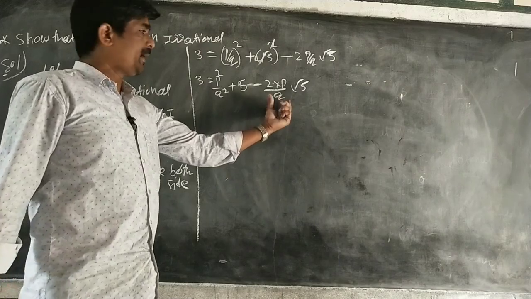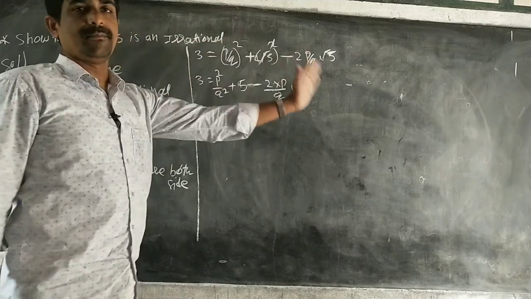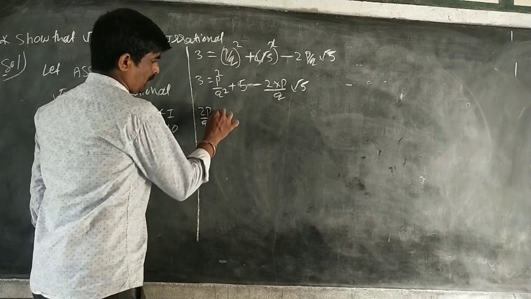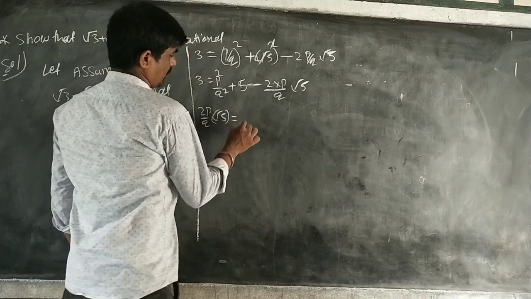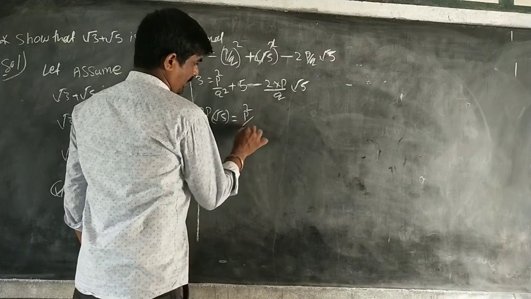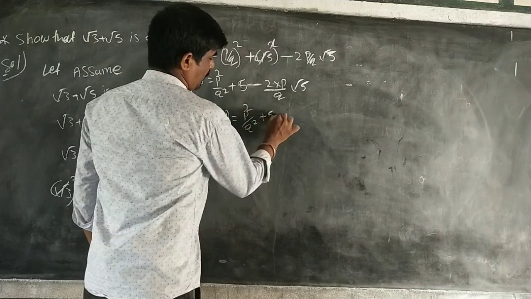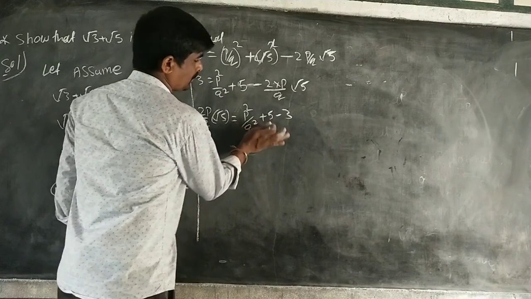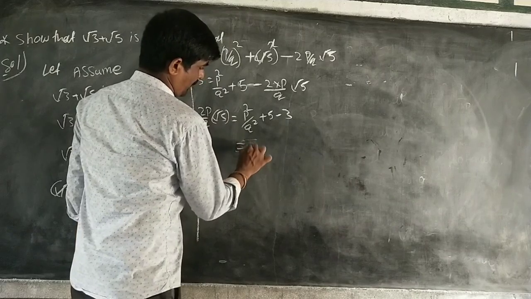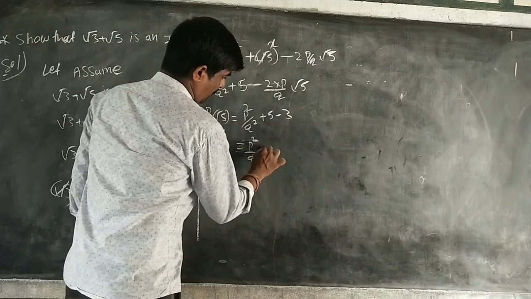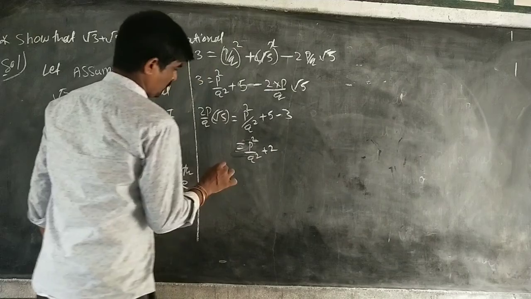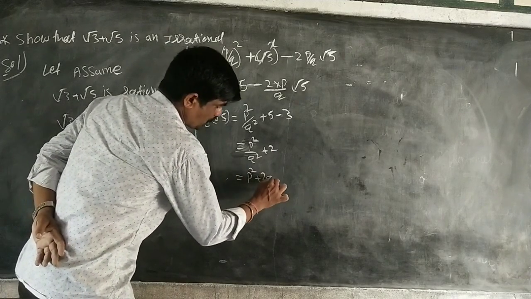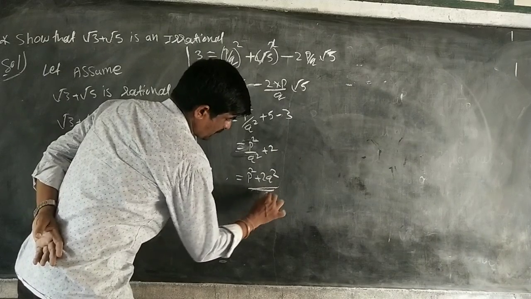Now bring 2p by q under root of 5 to this side and 3 to the other side. So 2p by q under root of 5 is equal to p square by q square plus 5 minus 3, that is p square by q square plus 2, which is p square plus 2q square by q square.